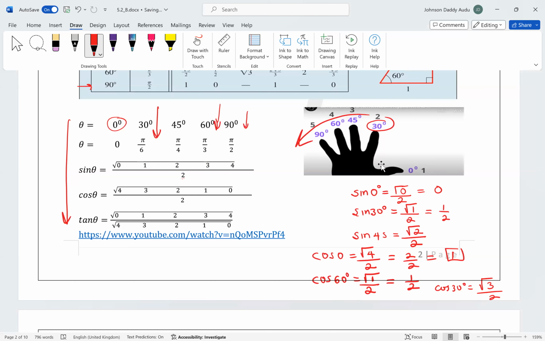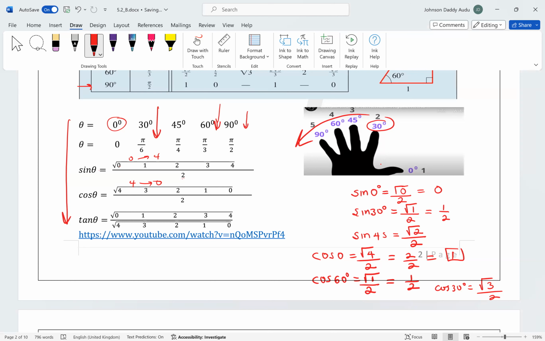Okay. And so for cosine theta, you just reverse the order. Instead of starting from 0 to 4, here you start from 4 to 0. And then it's easy to see that tan theta is just sine theta over cosine theta. So you have square root of 0 to 4 divided by 4 to 0.